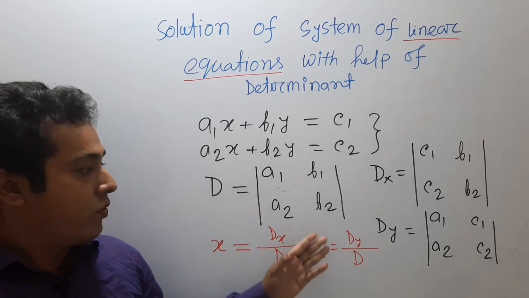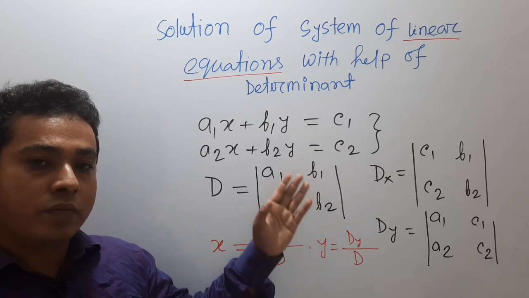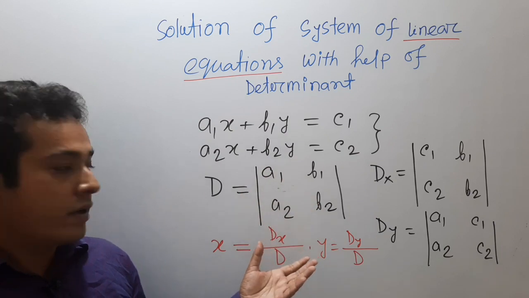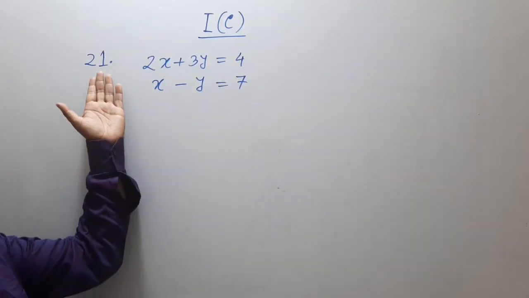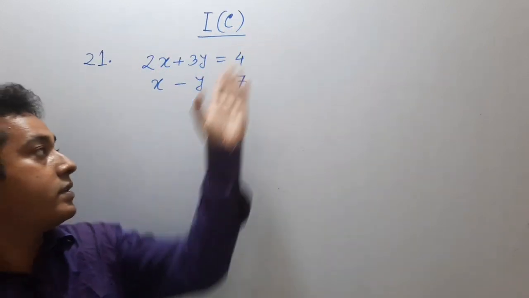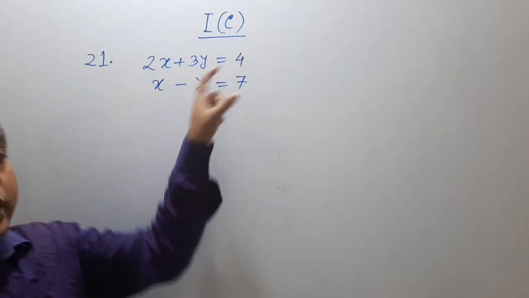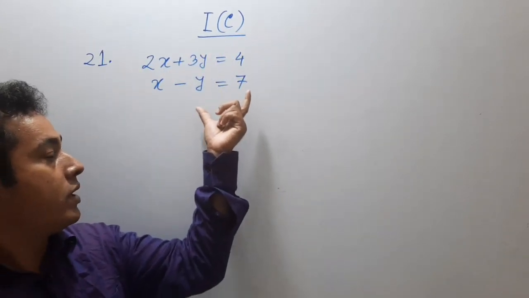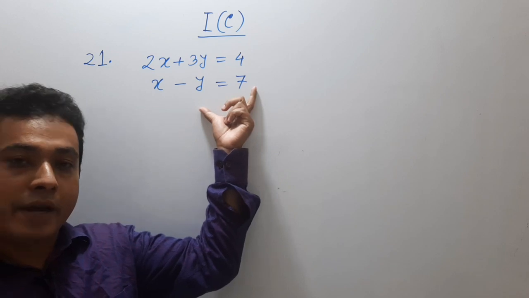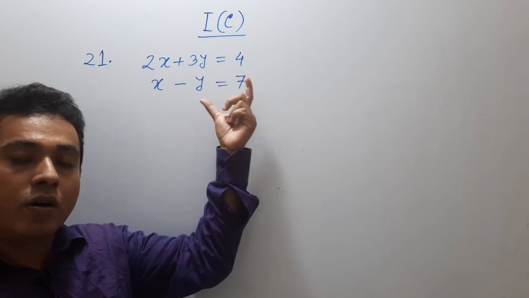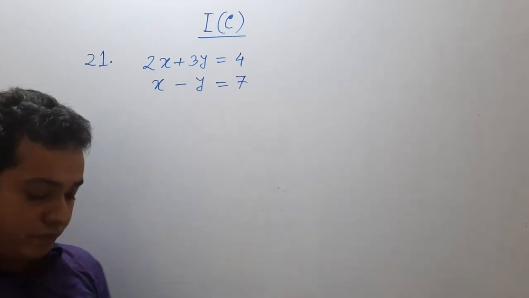Now we want to solve equations by this method. Now question number 21 from exercise 1c. This is the system of linear equations. Now we want to solve this equation by the determinant or by Cramer's rule.